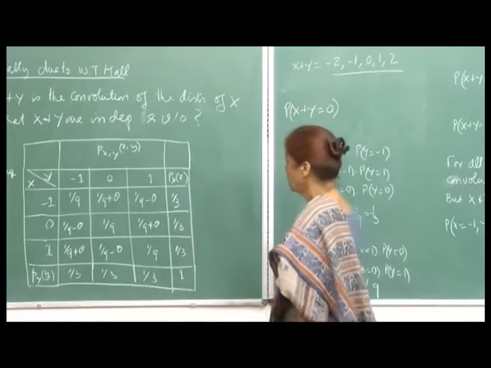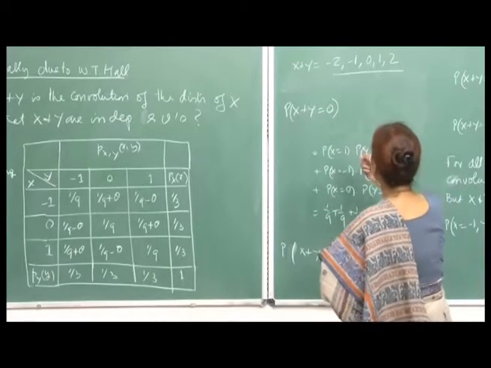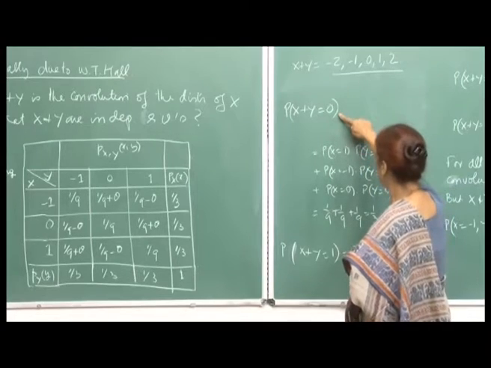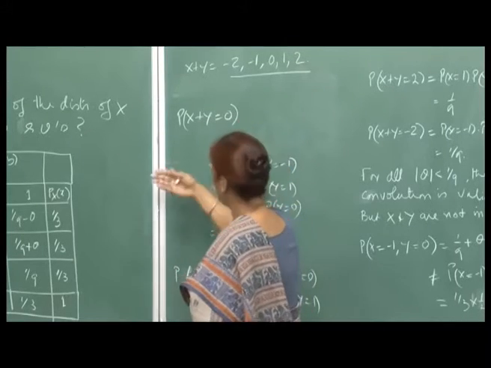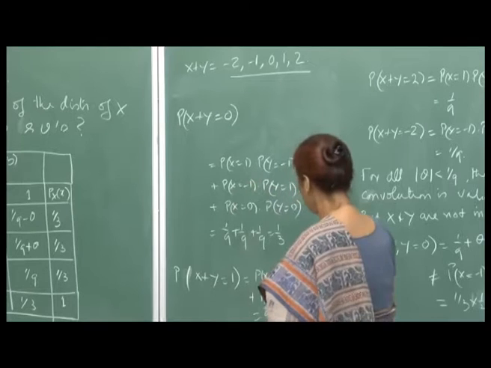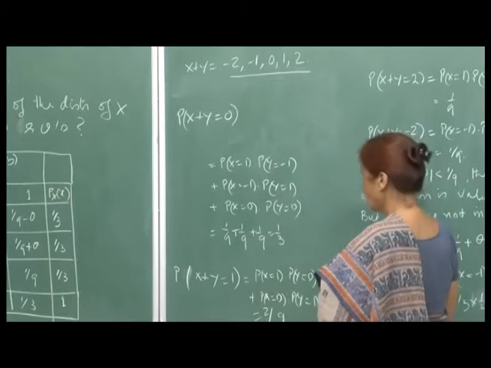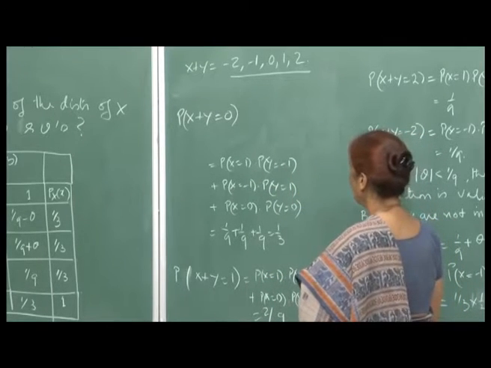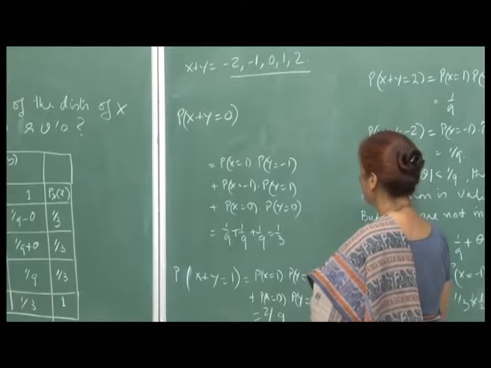So, you start with probability X plus Y equal to 0, and we will have to verify for all possible values that the distribution of X plus Y can be obtained as a convolution of distributions of X and Y.